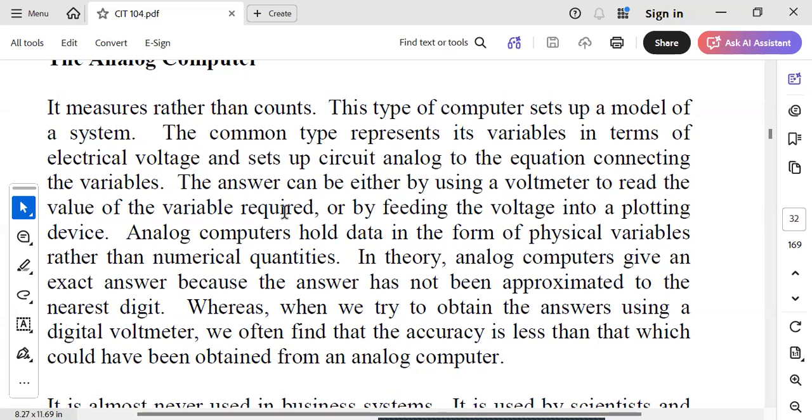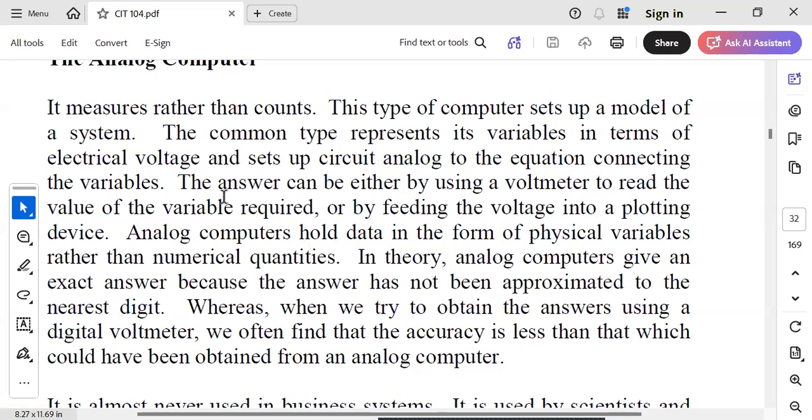In theory, analog computers give exact answers. What did you say? I said it gives exact answers. If it's in the sentence, in theory, I think that's the better explanation.